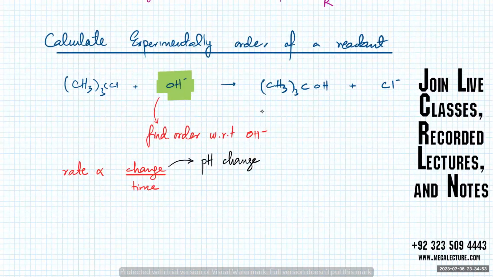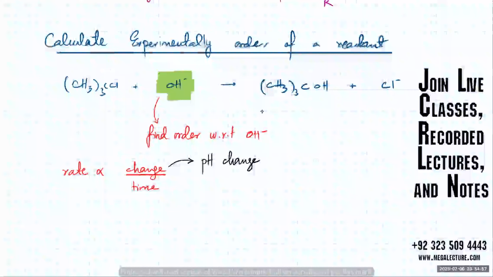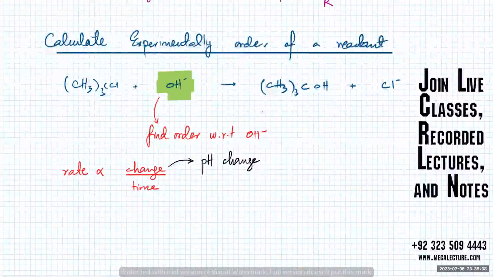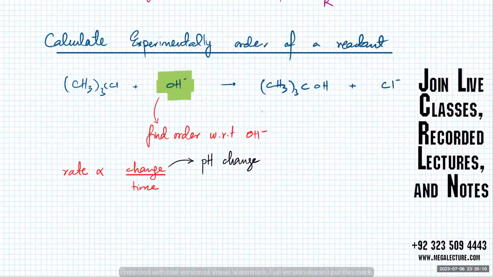If it gets used up, the pH, which was alkaline, is no longer going to be alkaline. So you can time that: what amount of time is required for the pH to go to 7? Is that clear? Yeah, that's clear.